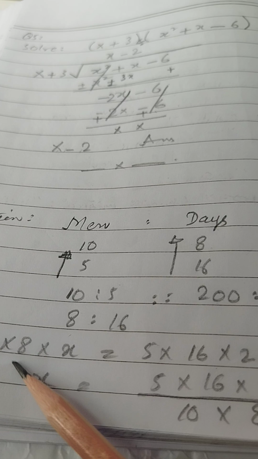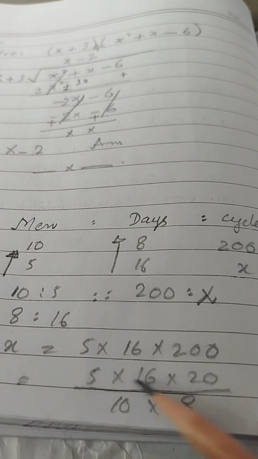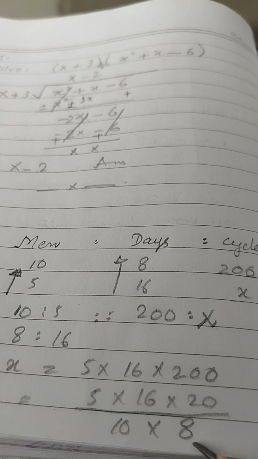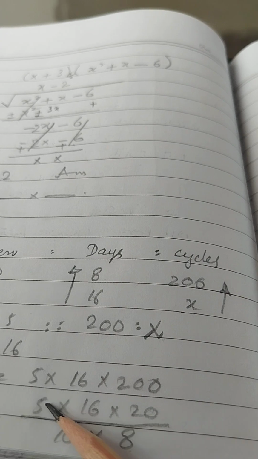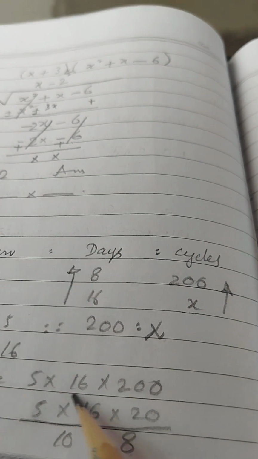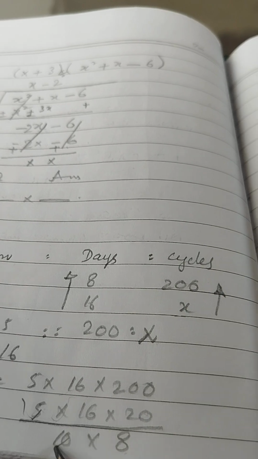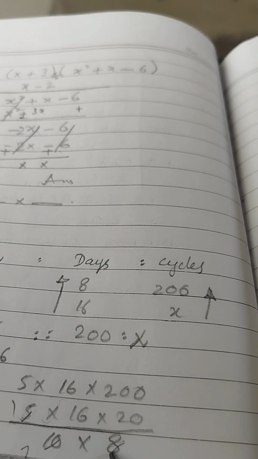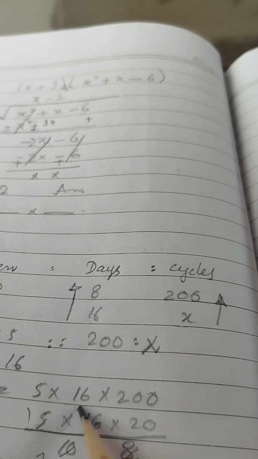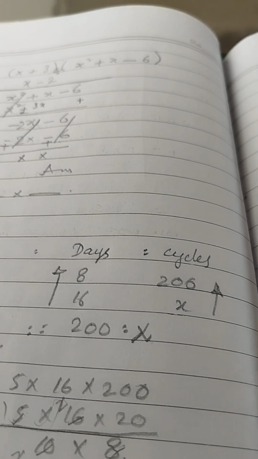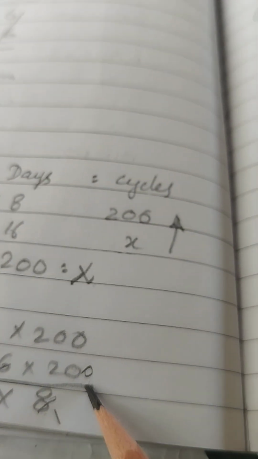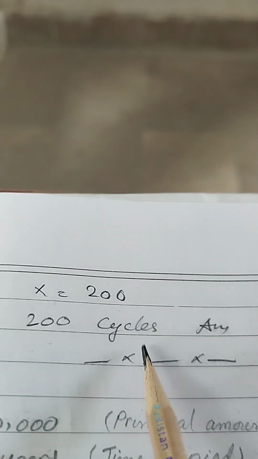So 5 eights are 80, divide with this value, we get the answer. 8 ones are 8, 8 twos are 16, 5 ones are 5, 5 twos are 10. And this 2 cancels with this 2. So the answer is 200. X value is 200. It means 200 cycles is the answer of question number 6.